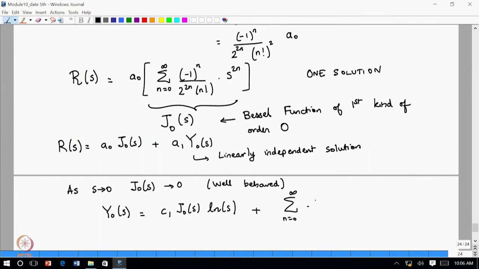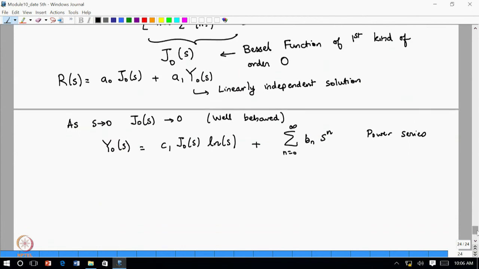So, we will just call it B n s raised to n. This is another power series. Now the issue with this is that ln of s diverges as s tends to 0. So, as s tends to 0, this goes to infinity.